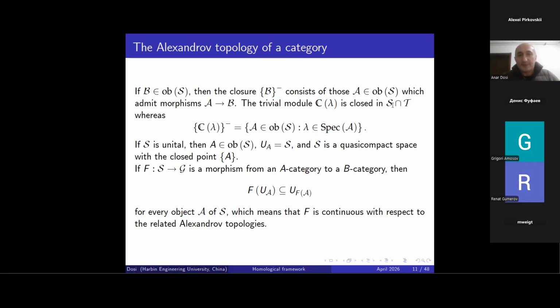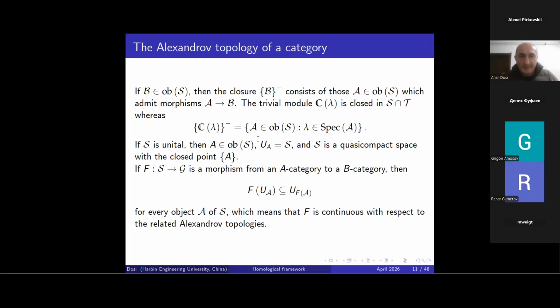Okay, for example, the trivial module is closed here in the intersection because the topology is discrete here actually. But in S, if you look at the closure in S, it's quite big, right? It consists of those algebras such that lambda is a continuous character of A. That will be the closure.